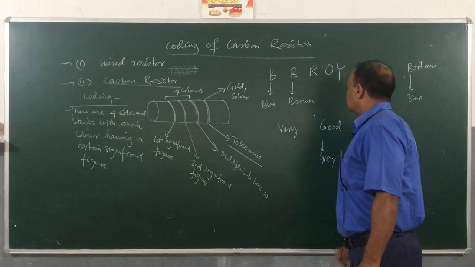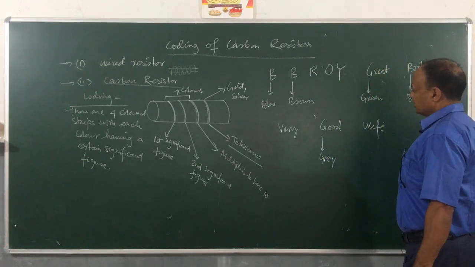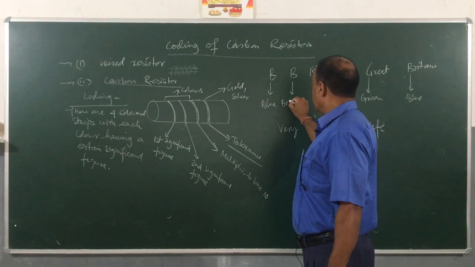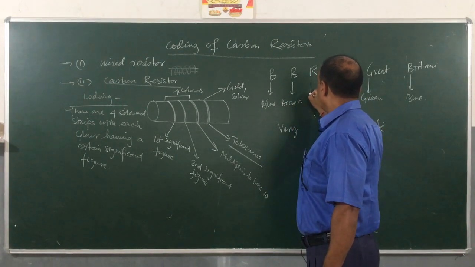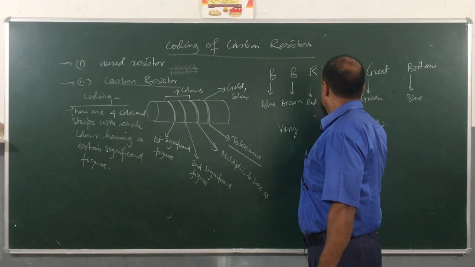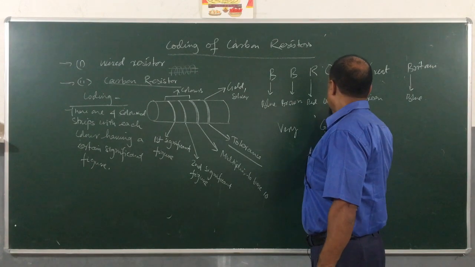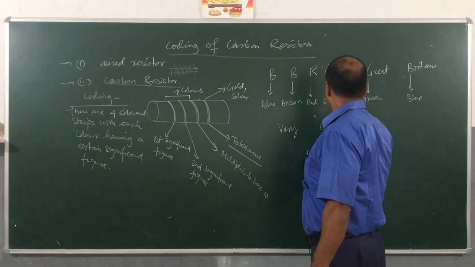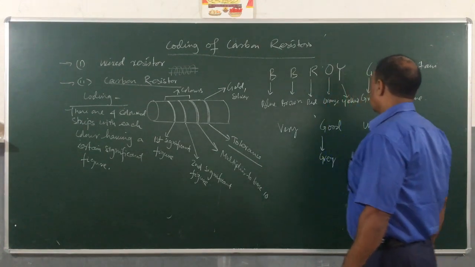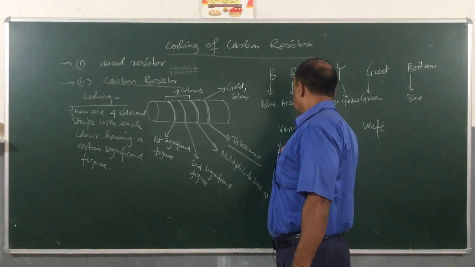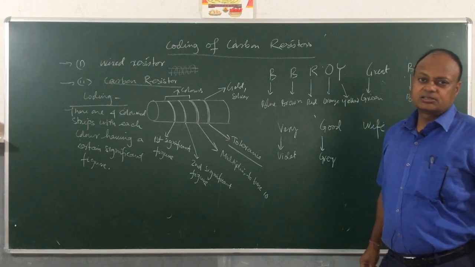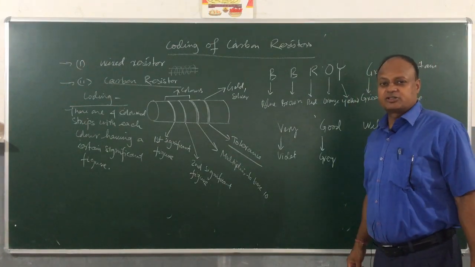And children, the other colors can be easily identified: this is red, this is orange, this is yellow, and this is violet.